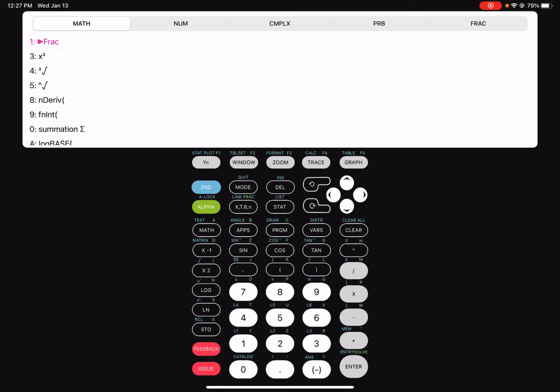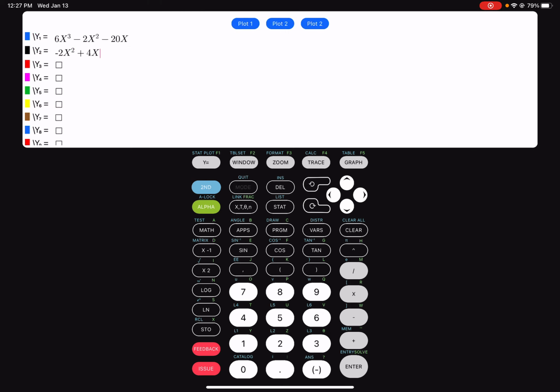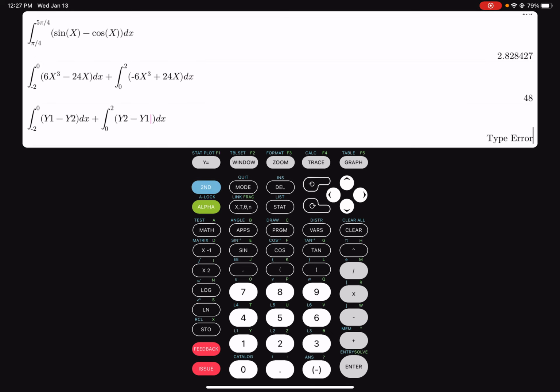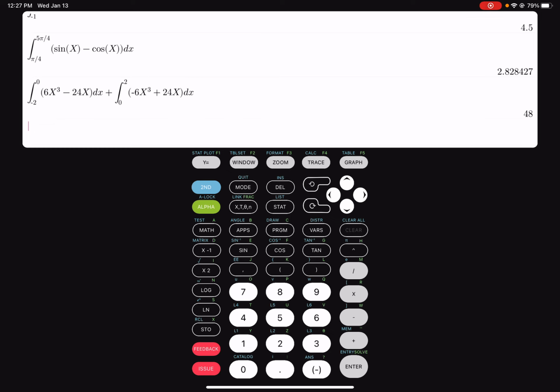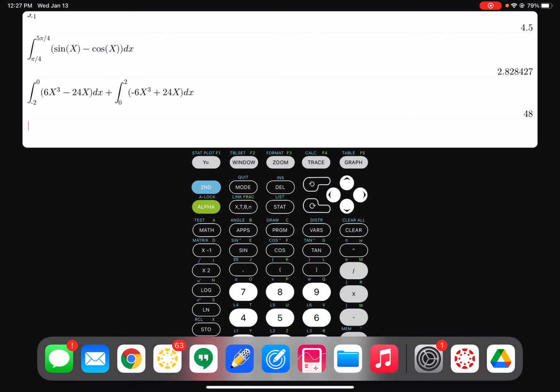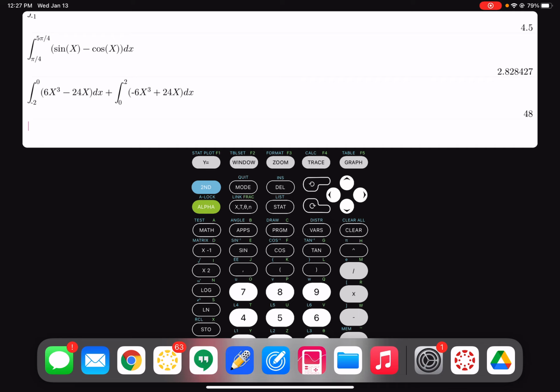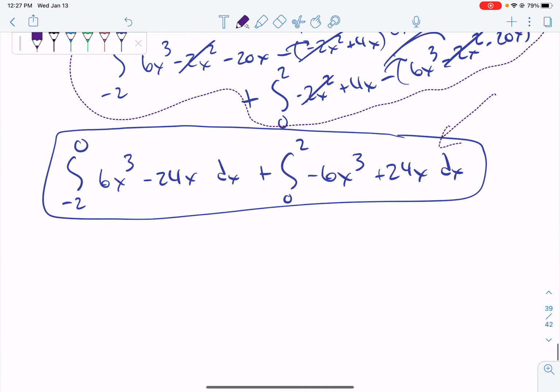Instead of putting in that whole big thing, you can just put in y sub 1, y sub 2, and it'll give you the answer. I don't know why it doesn't connect in mine. Maybe I should actually pay for a version of this calculator. Anyway, there's a shortcut for you. I'll show you in class if you want to see how to actually do that on a regular calculator. All right? Okay, moving on.